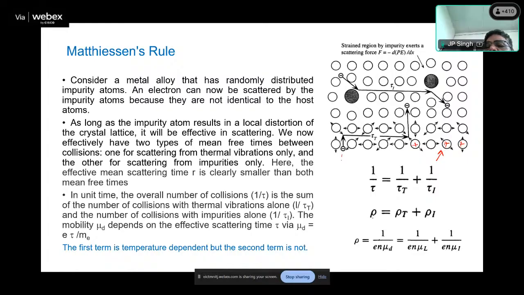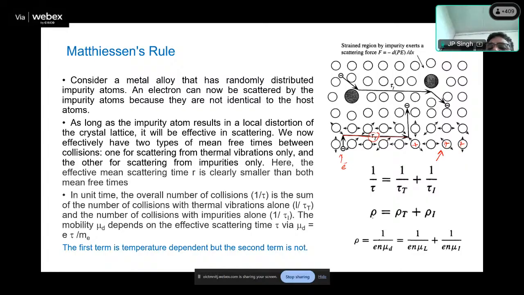And this is an electron, a moving charged particle, which gets scattered by this lattice, and the next collision occurs here. So this tau is the collision mean free time.